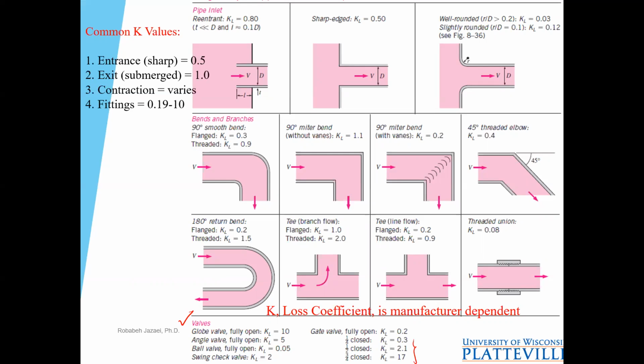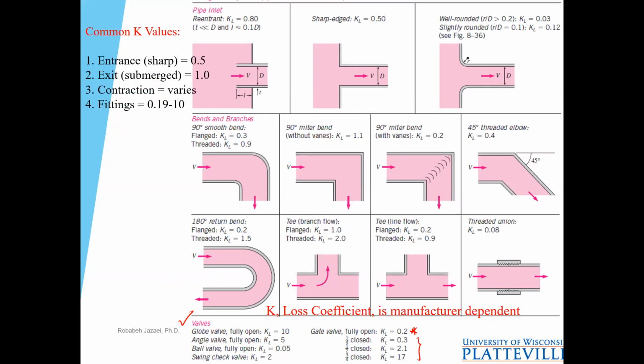Maybe the KL value is different compared to when it's fully open. So make sure when we have a valve, you choose the correct KL value. Here are some of the KL values that are very common for entrances. If it's sharp, it's 0.5, or if it's fitting, it's between 0.19 to 10, or if it's contraction, it varies.